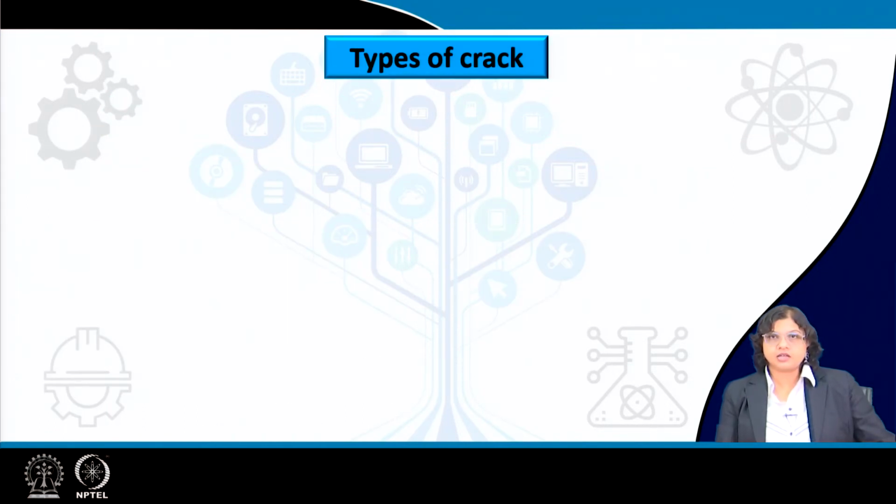So, let us see why this happens, but before that we also need to know, since we will be discussing more and more the presence of cracks and how that influences the fracture behavior, let us first discuss the different types of cracks that we will be considering.